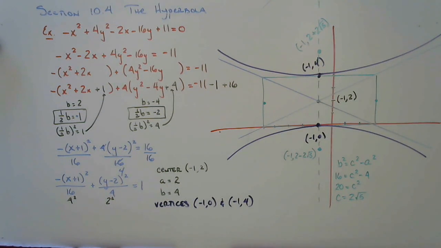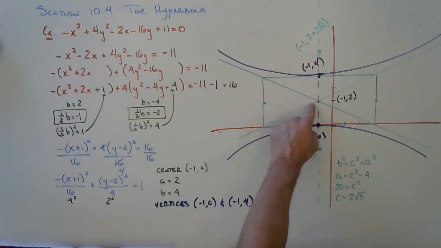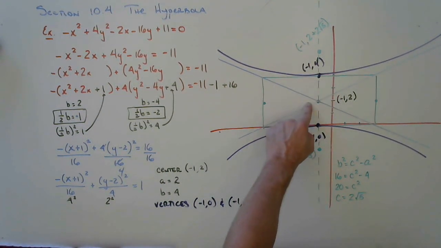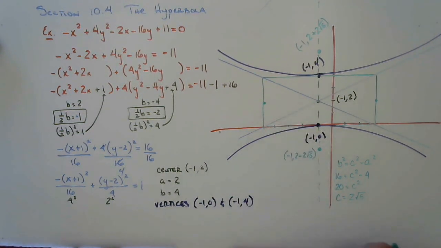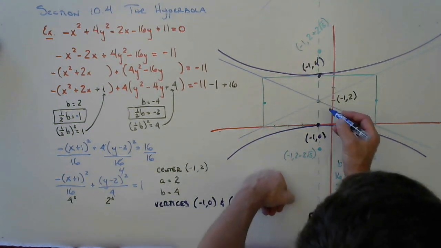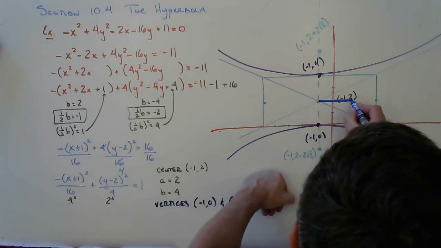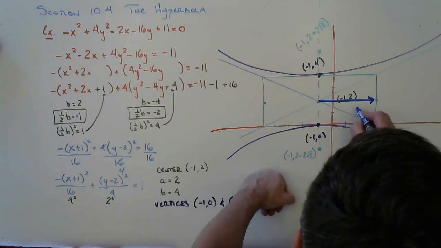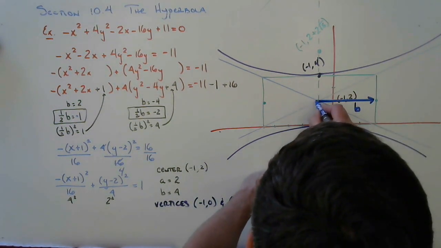Now remember, this distance is a. This distance is c. We didn't talk about it any other time until now. This distance right here is b, isn't it?